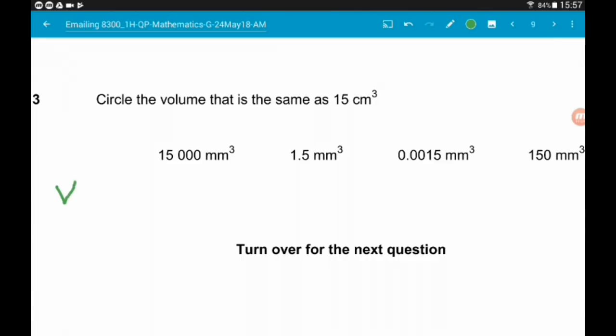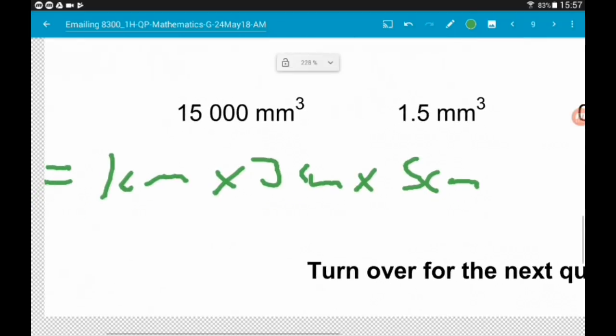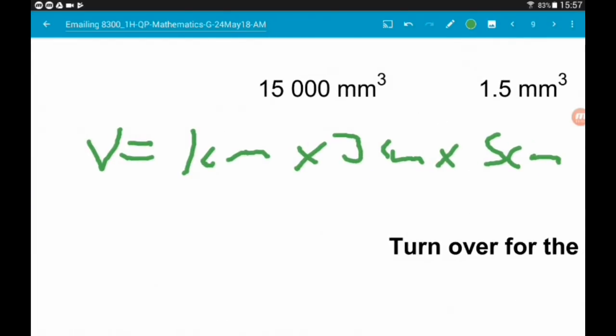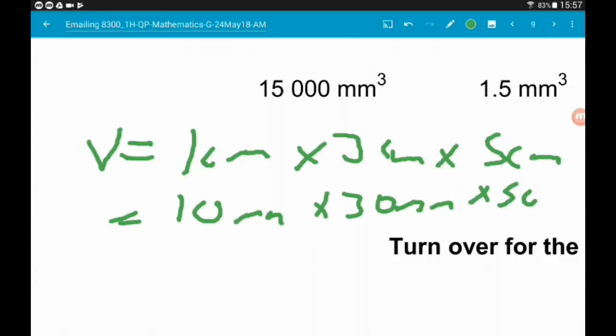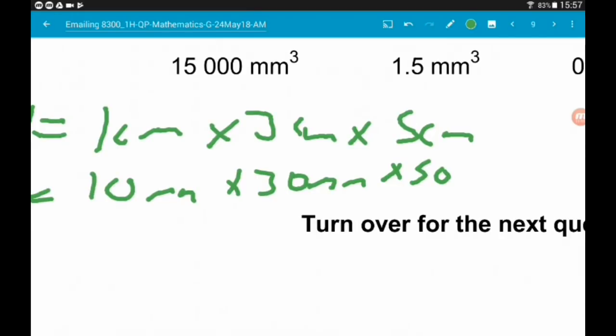So we could say V is 1 centimeter times 3 centimeters times 5 centimeters. We want the volume in millimeters though, so that's 10 millimeters times 30 millimeters times 50 millimeters.